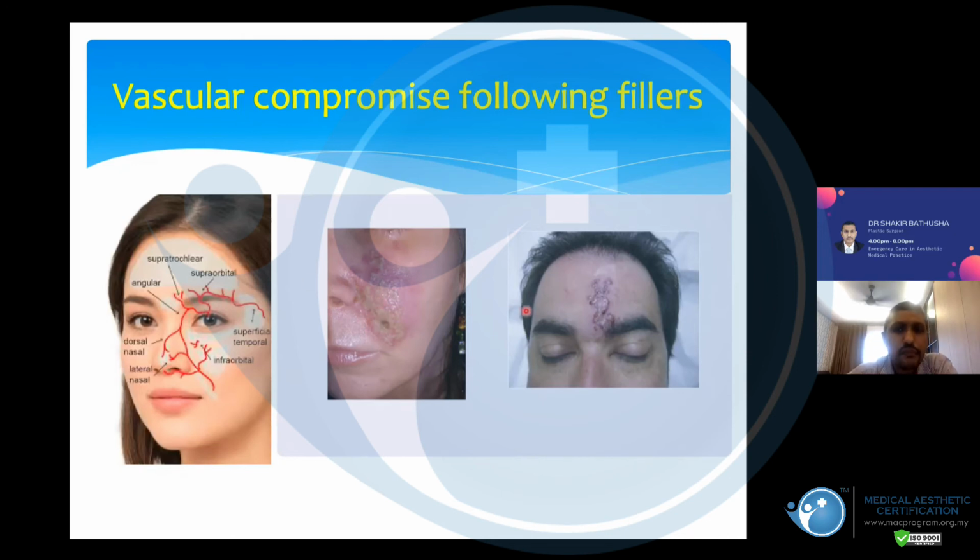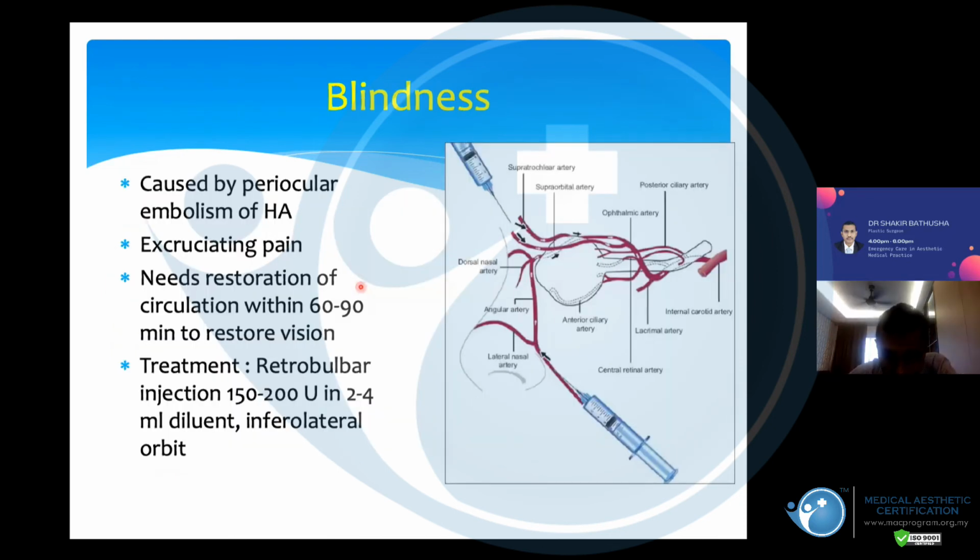These are examples of people who come in after injection into the supratrochlear or supraorbital artery, into the angular artery, or, worse still, from the lateral injection to the nasolabial fold.